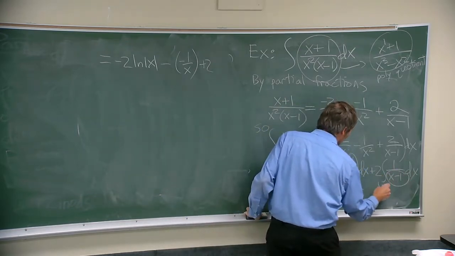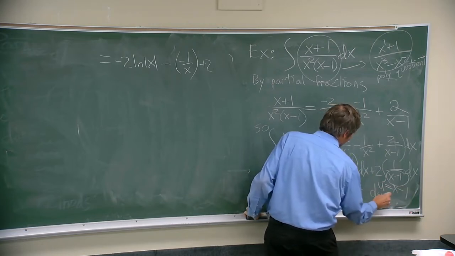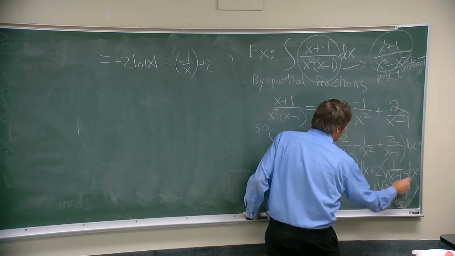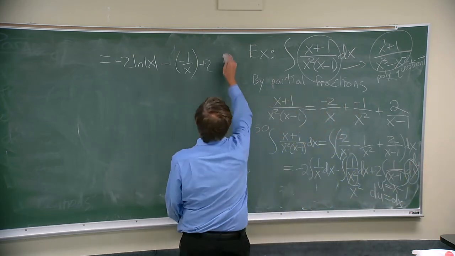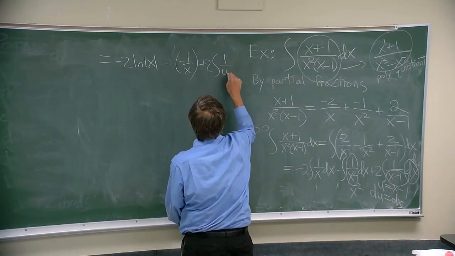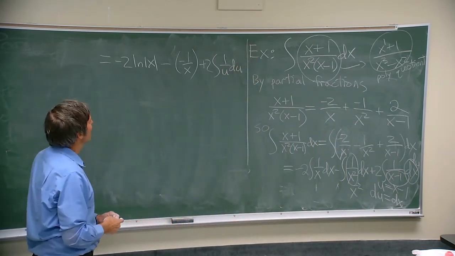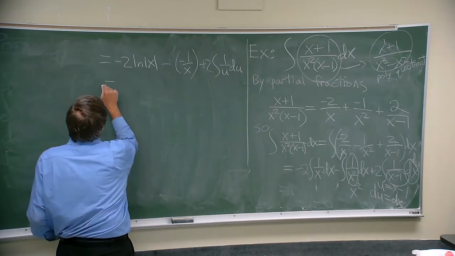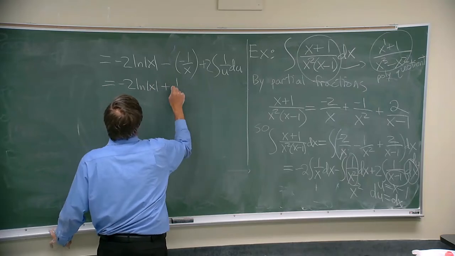And then plus twice, what's the integral of 1 over x minus 1? Again, I'm making a u substitution, u equals x minus 1. So du is its derivative times dx, which is 1 dx. And so I just substitute out du for dx and 1 over u here. I've got twice the integral of 1 over u du when I use substitution.